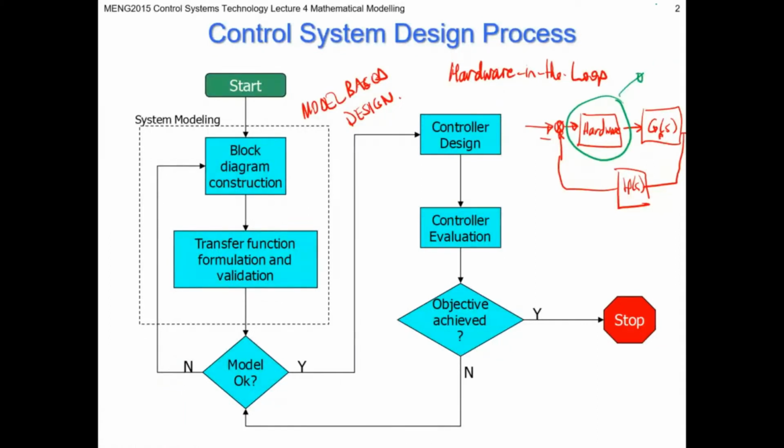So in this little sketch, this part is actually a physical controller, like a circuit board with an electronic chip on it, and you plug that in to your model. And there are ways in which you can convert signals. You take your signal from your computer and you feed it into your hardware.